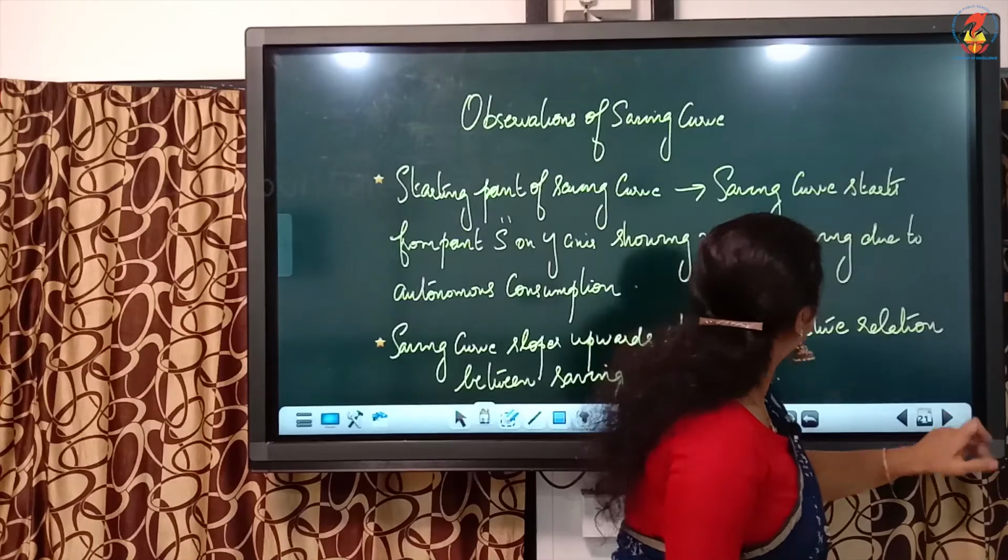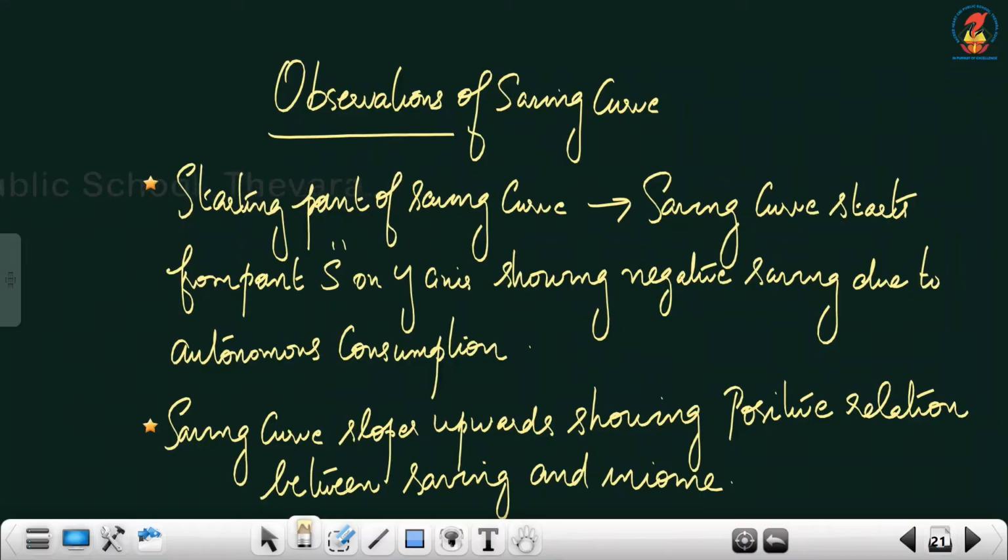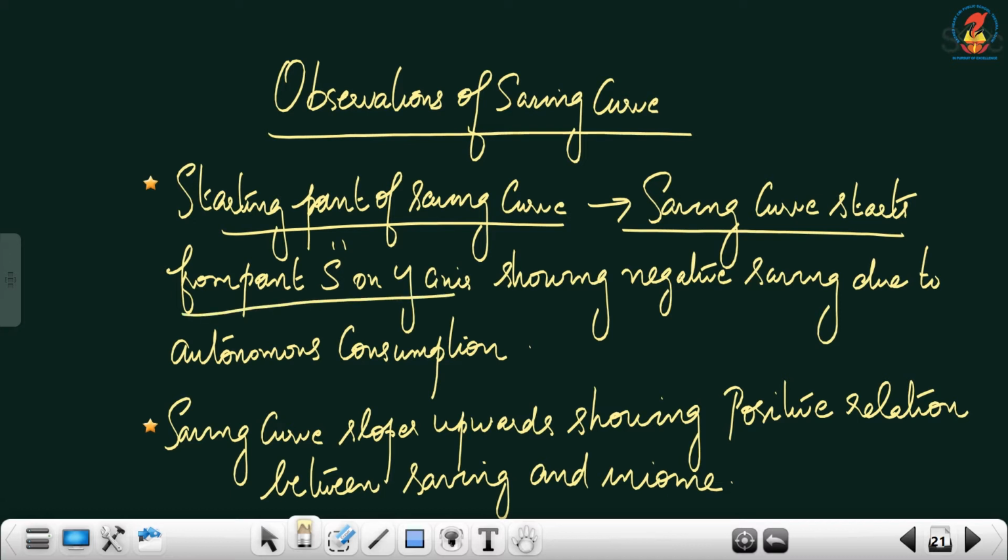So let us see the next one. Observations of the saving curve. First, the starting point of the saving curve. The saving curve starts from point S on the y-axis, showing negative saving due to autonomous consumption. Let us see whether that statement is correct.